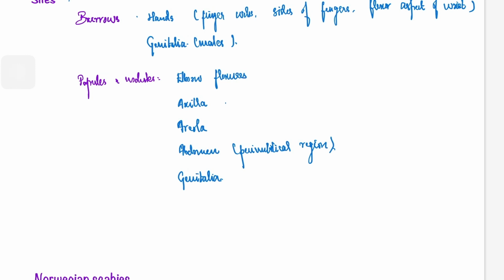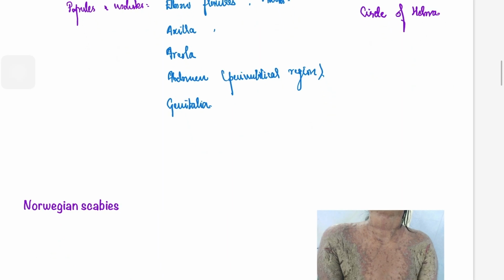The imaginary line connecting these points, that is axilla, elbow flexures, areola, genitalia, abdomen, forms a circle, and this is called the circle of Hebra. It's an imaginary circle.